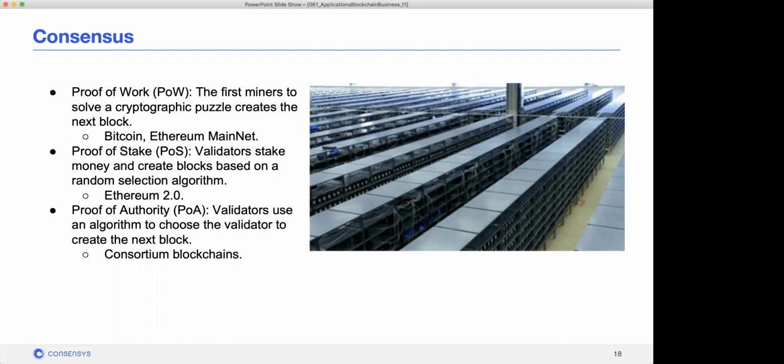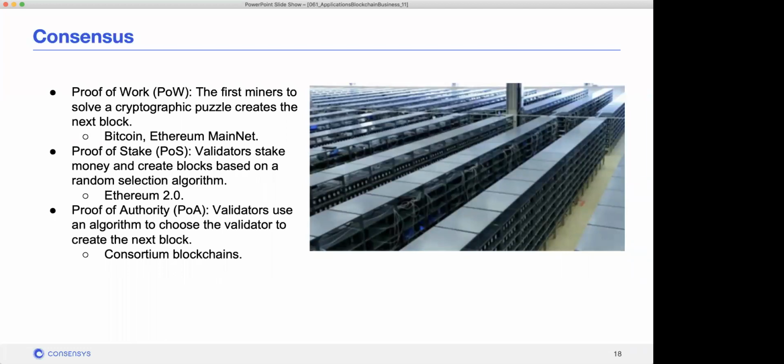For instance, if you look at that photograph there of that factory of computers, all those computers are doing is trying to solve that cryptographic puzzle problem first, so that the company that operates that factory can then create the next block.